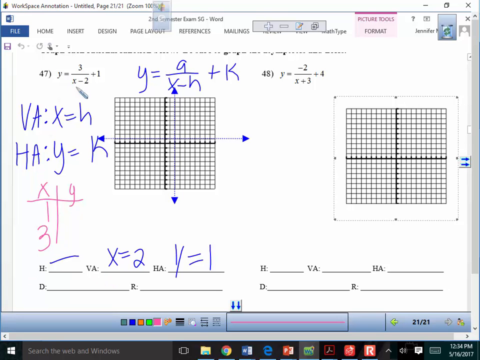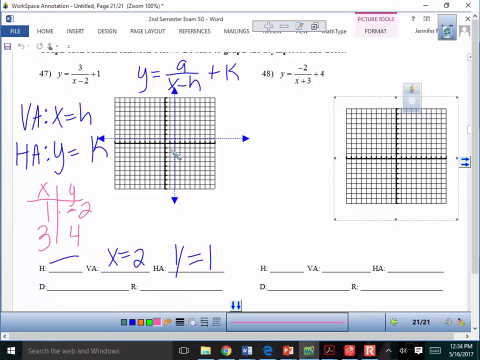Good. When you plug in 1, you get 3 divided by -1 is -3, and then -3 plus 1 is -2. And then you plug in 3, and you get 3 minus 1 is 1, and this would give you 4. So we just plot these.